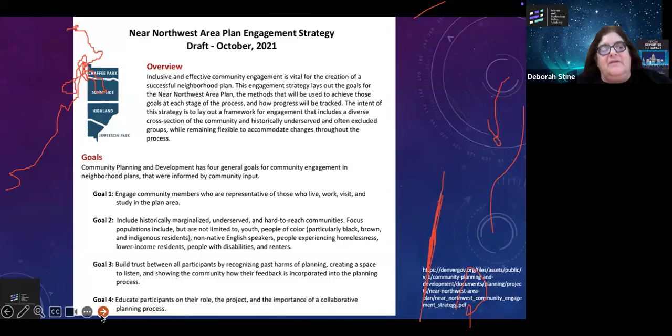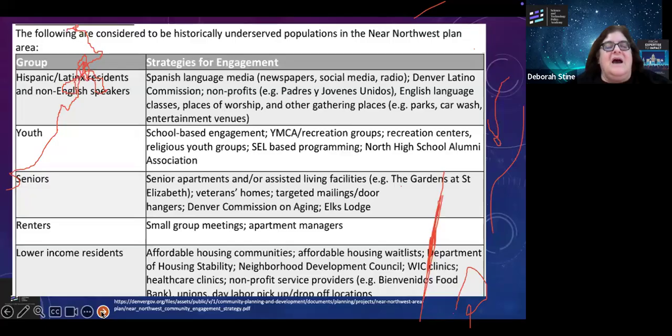This is an example of an engagement plan that they developed for these particular neighborhoods in Denver, and the goals and the different aspects. But I thought you'd like to maybe see what one of these things was like, and that there's more information if you go to the link on this. And then this is each of the different groups that they thought was important to be engaged, and then how to reach each one of them.